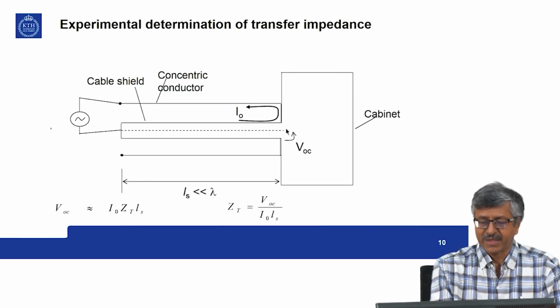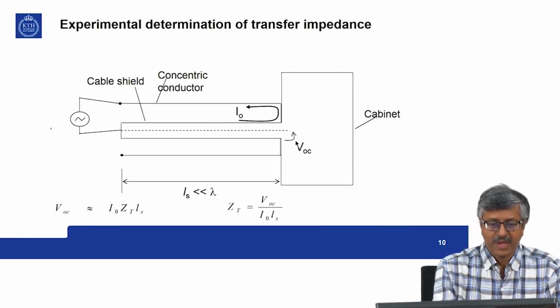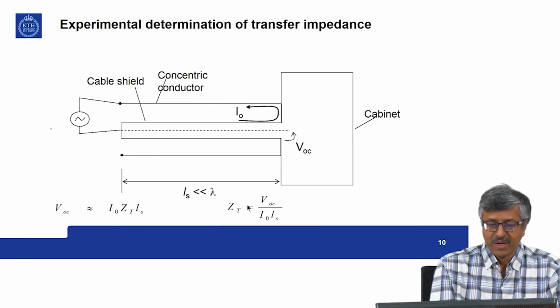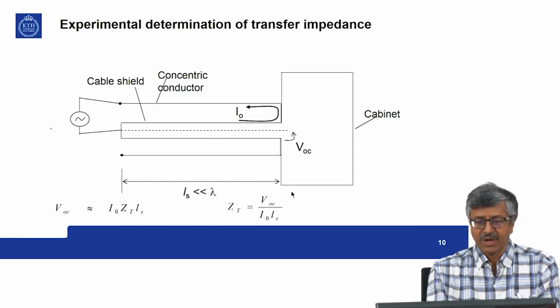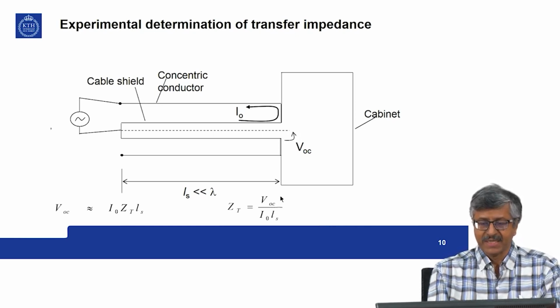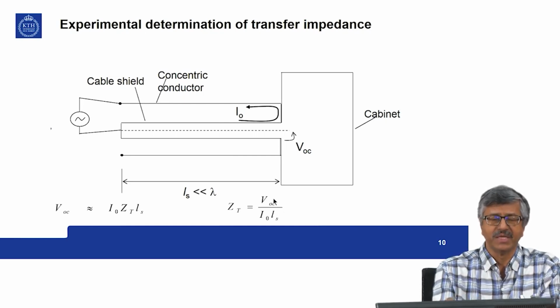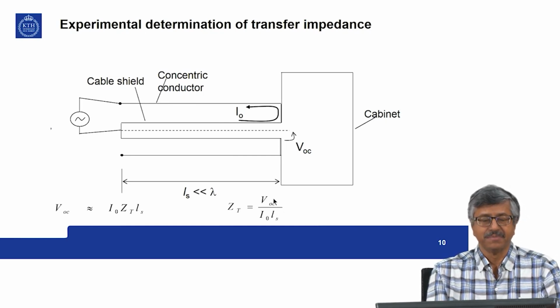That is a measure of that. V0 open circuit is defined as this current times transfer impedance times the length of the tube, or transfer impedance is defined as this measured voltage divided by the current times length. In this way you can find the transfer impedance.